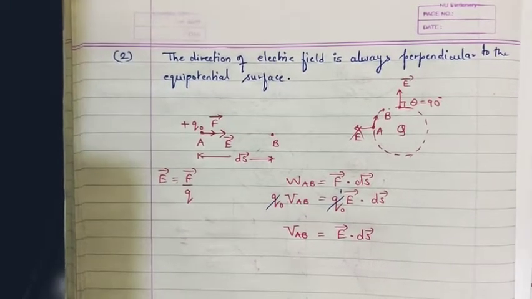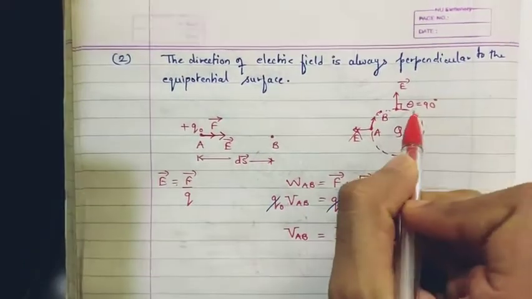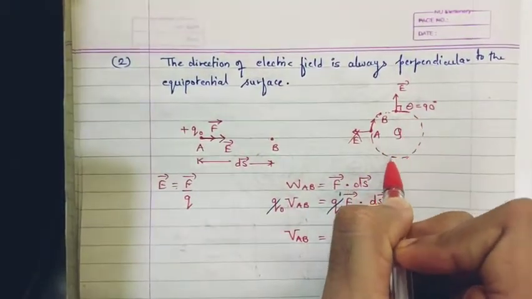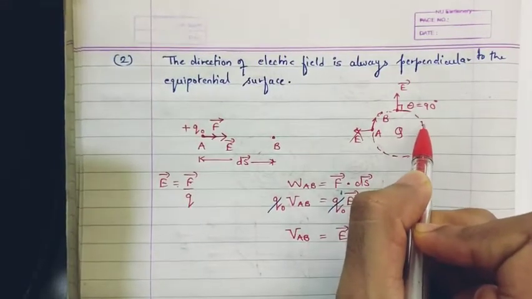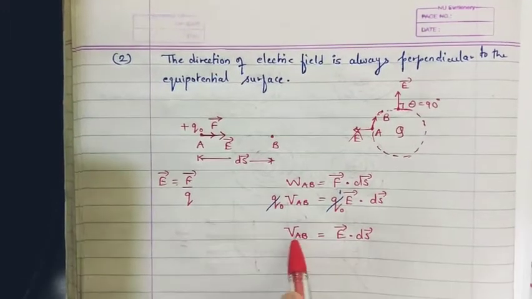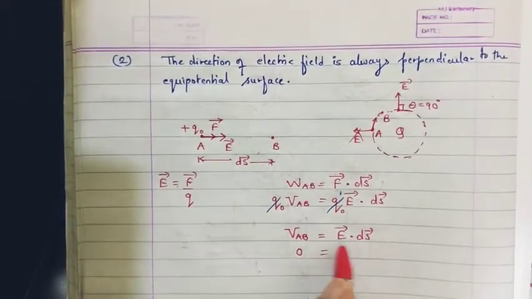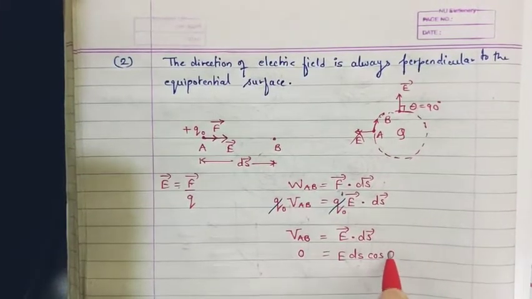On an equipotential surface between any two points, the potential difference is zero because the potential remains constant throughout the surface. So if you pick any two points on the equipotential surface, the difference between the two is obviously going to be zero. So VAB is going to be 0. And what is the expansion of this? E dot ds is nothing but E ds cos of theta.